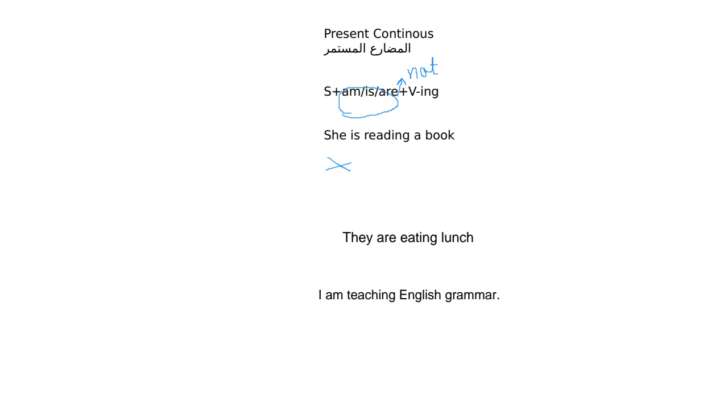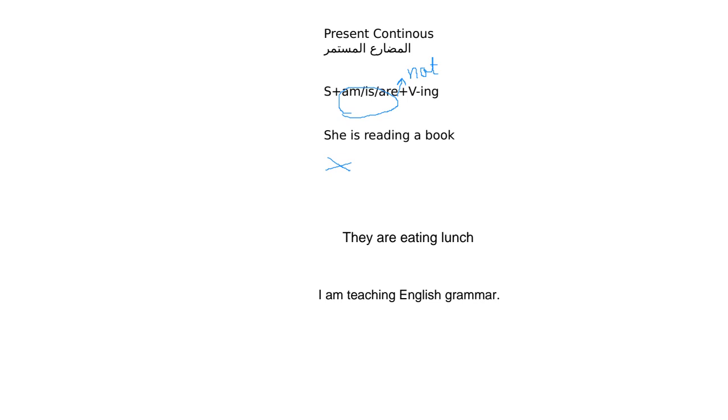So we'll use these same sentences. She is reading a book. I want to ask about book. So which question word will I be using? What? Because I'm asking about a thing. So the question will be: what is she reading?